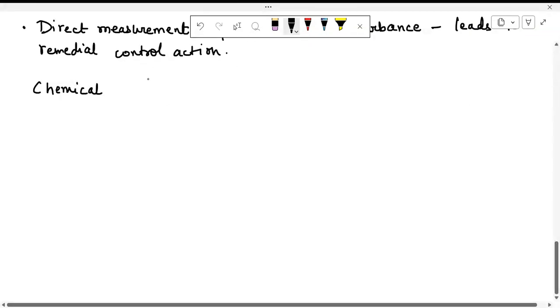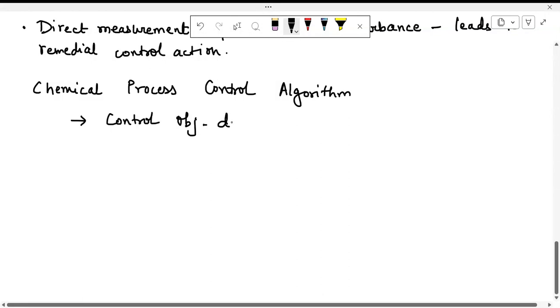Let me call this a chemical process control algorithm. The first step is we will define the control objective. This is our first concern.